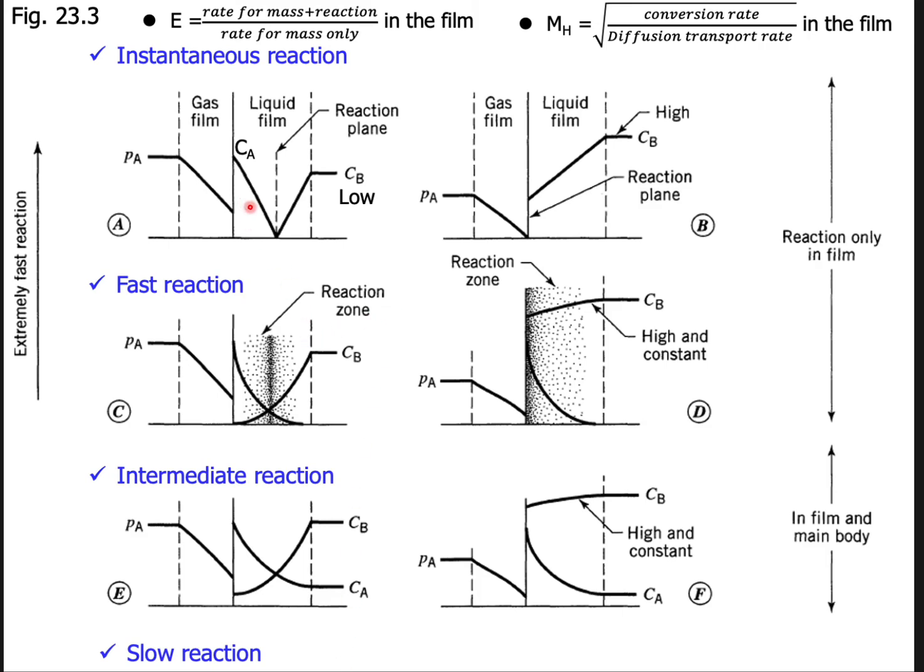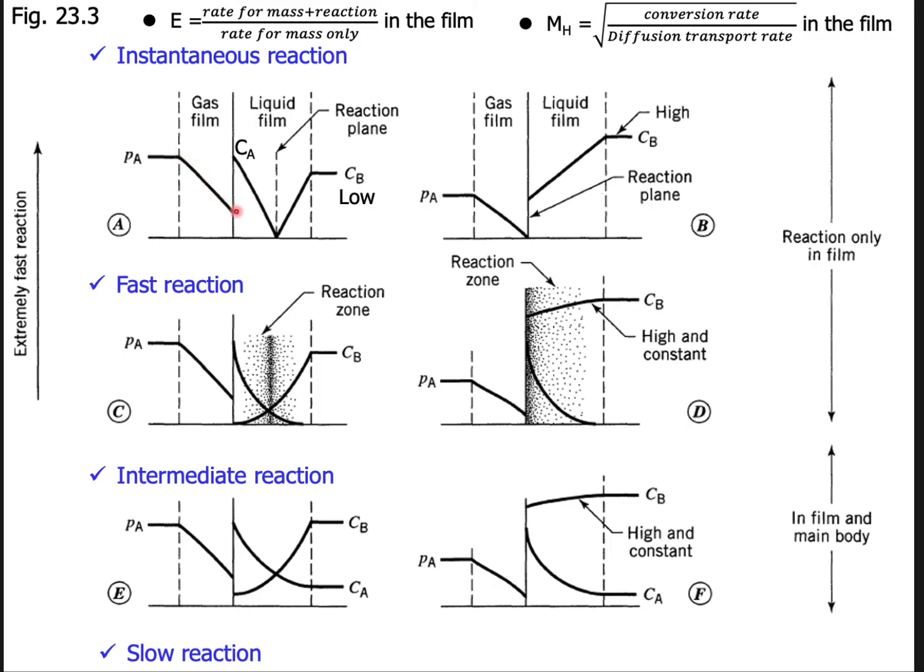Okay, so let's give you more detail about these different cases. For instantaneous chemical reaction, the reaction happens very fast. So when you plot the concentration profile of reactant A, you can observe molecule A enters the gas film, and the concentration will decrease.